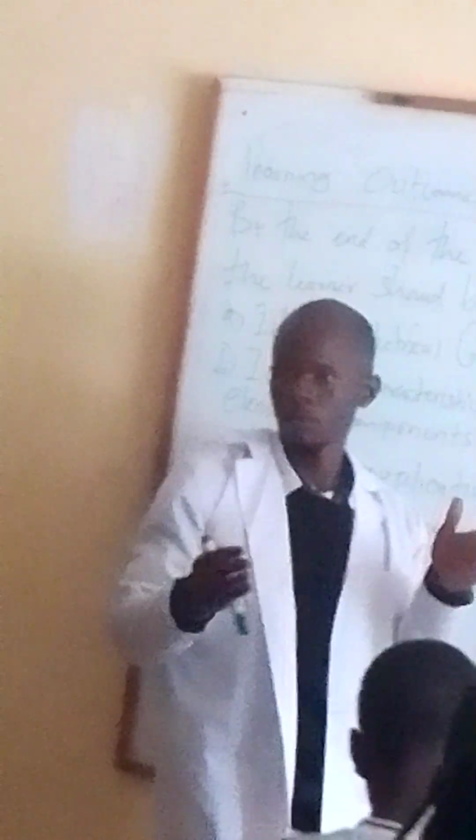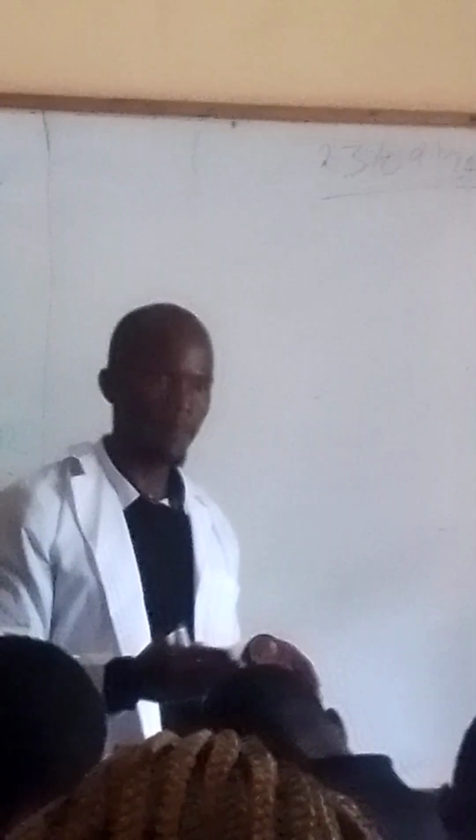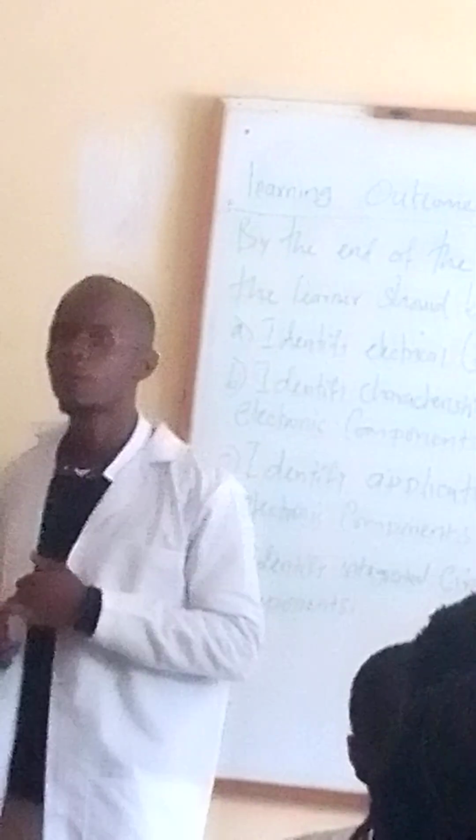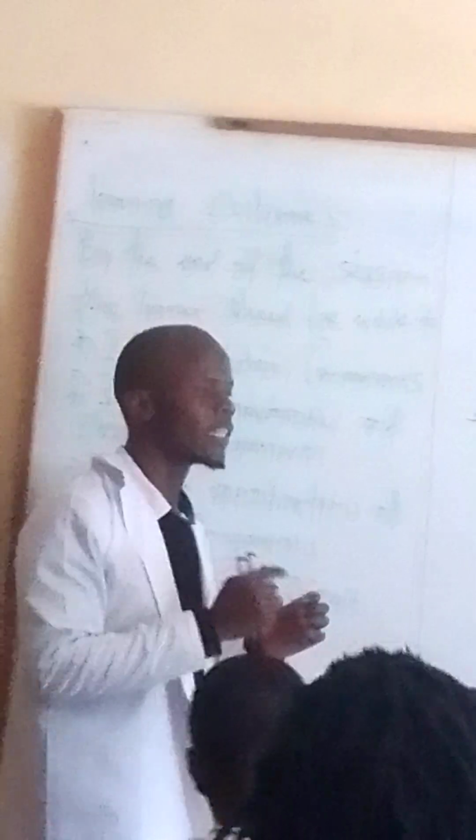The first column indicates the color, right? The second column indicates what? Significant figure, the figure that you are going to write, the figure that matters.